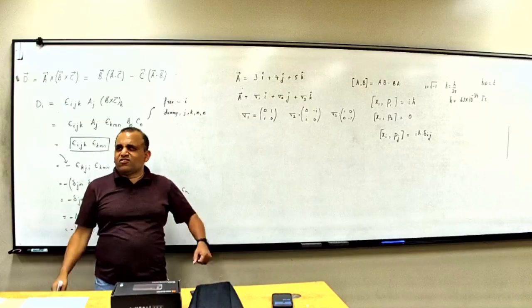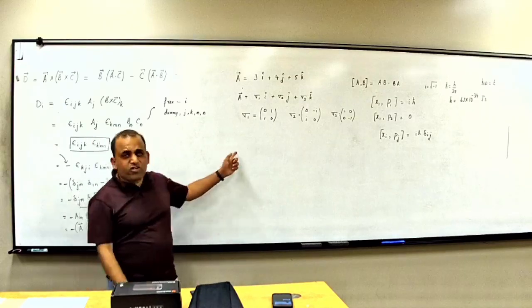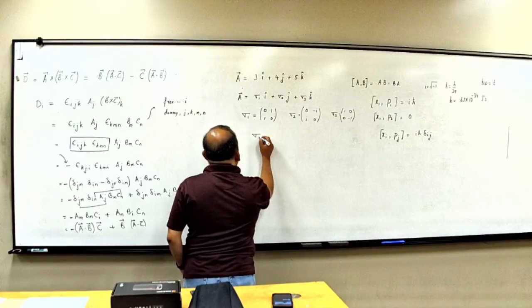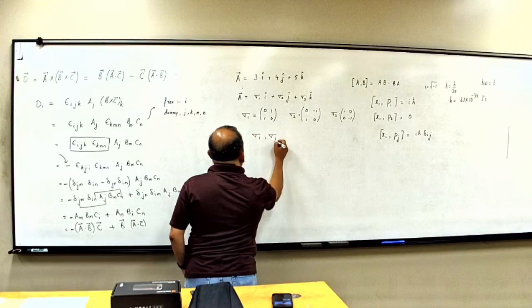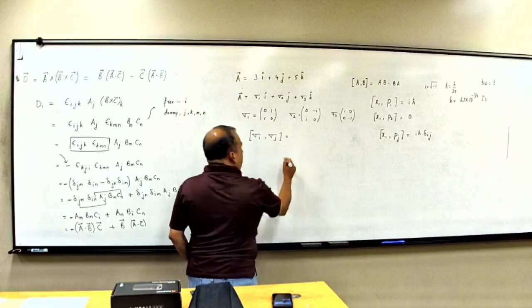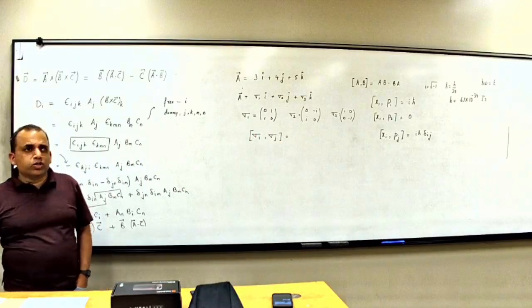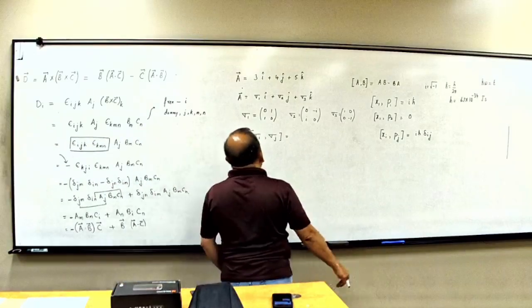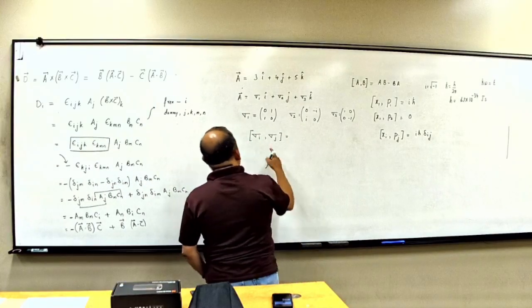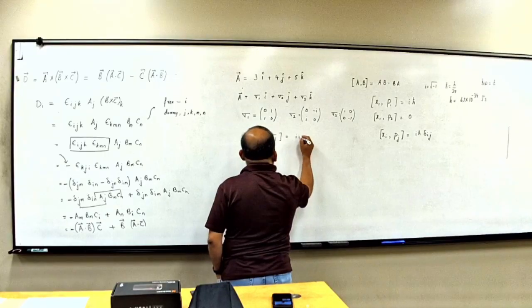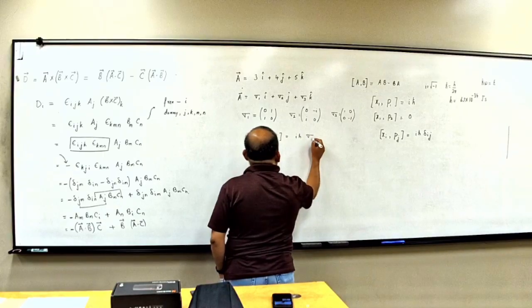Matrices don't satisfy the commutation relation. If I were to do [sigma i, sigma j], this is equal to i sigma k.